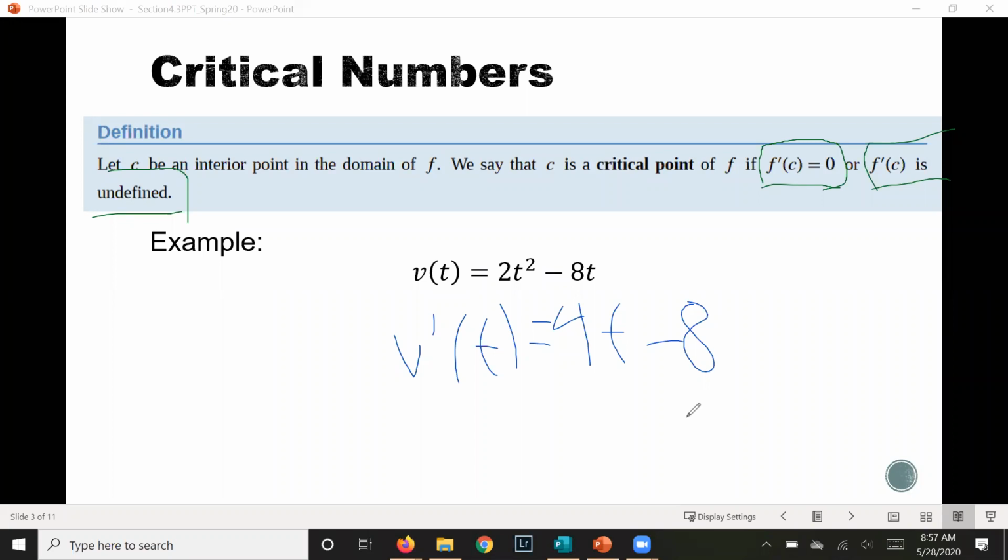To find a critical number, I need to figure out where that derivative is equal to 0. So I set 0 = 4t − 8. If I add 8 and divide by 4, we get t = 2 as one of our critical numbers.